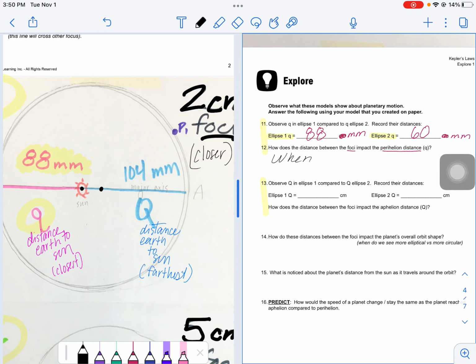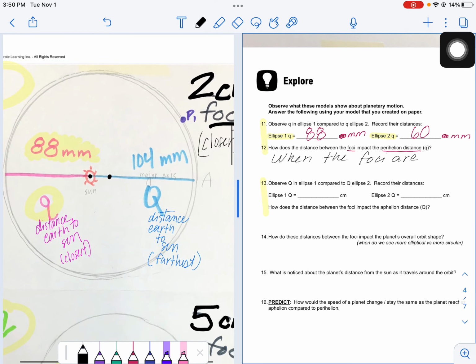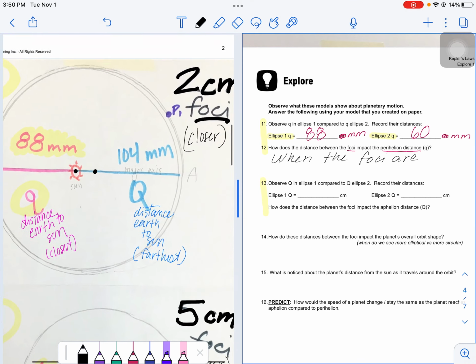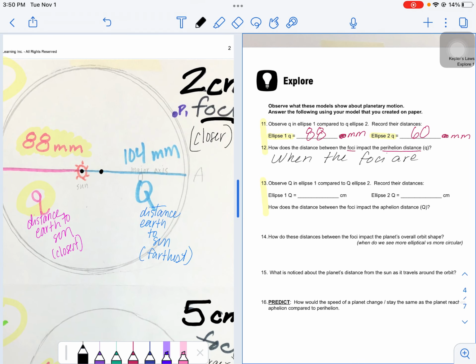So we want to know, how does the foci impact the perihelion? I'm just going to start my sentence here: when the foci are, and then we get to decide if we want to talk about closer together or further apart, either diagram 1 or diagram 2. So when the foci are, let's start up here with diagram 1, closer together, perihelion is, and we want to look at that data.